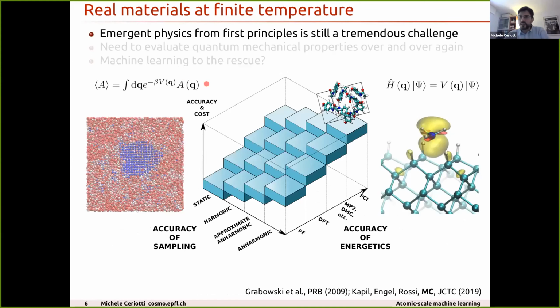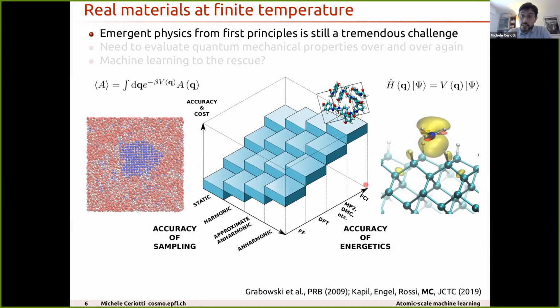So come to modern days and to what I'm trying to do in this field, where things really get challenging is when you start asking questions about real materials in realistic thermodynamic conditions, typically finite temperatures or in the presence of defects. This is where modeling the emergent physical behavior using a first principles predictive description of the interatomic potential and the properties at the atomic scale is the real challenge.